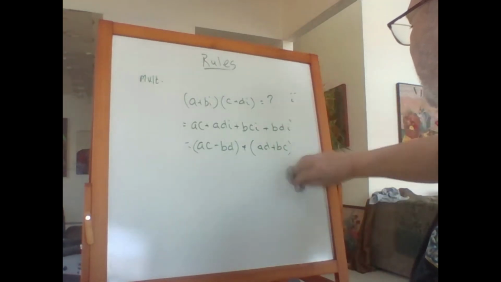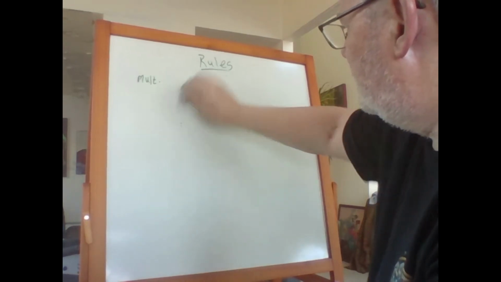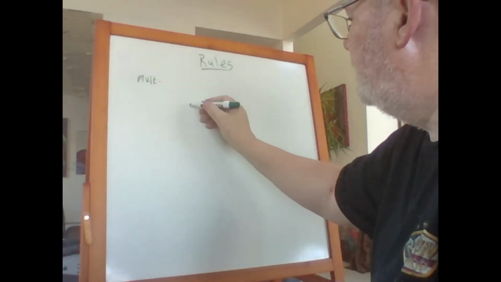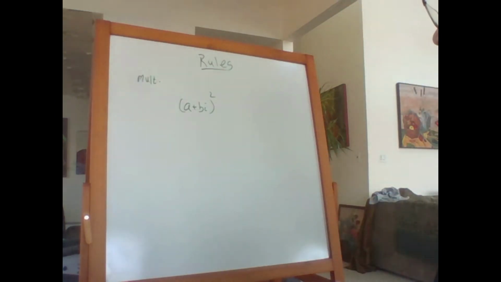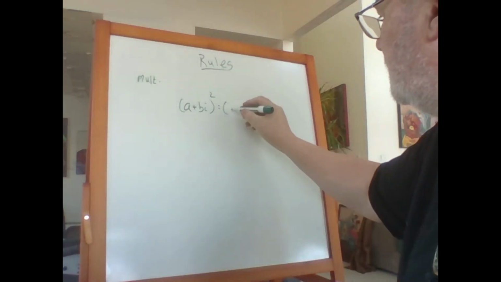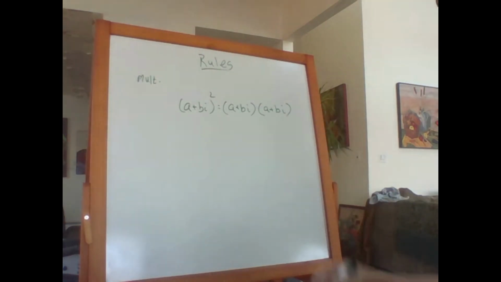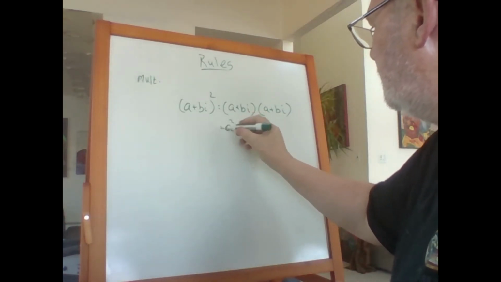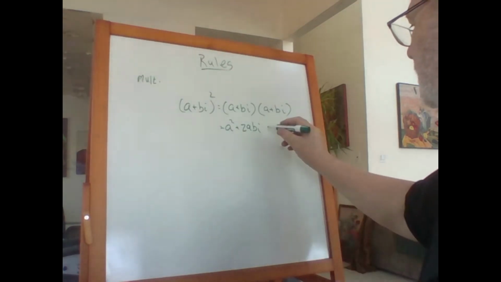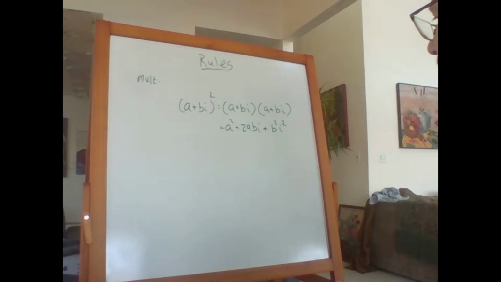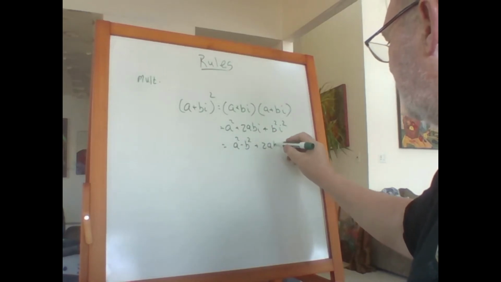So what if we had something like this, a plus bi squared? Well, then we have a plus bi times a plus bi, and that's a squared plus 2abi plus b squared i squared, and that's equal to a squared minus b squared plus 2abi.